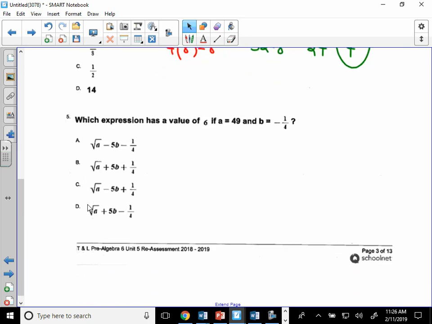All right, number 5. All right, which expression has a value of 6 if A equals 49 and B equals 1/4?